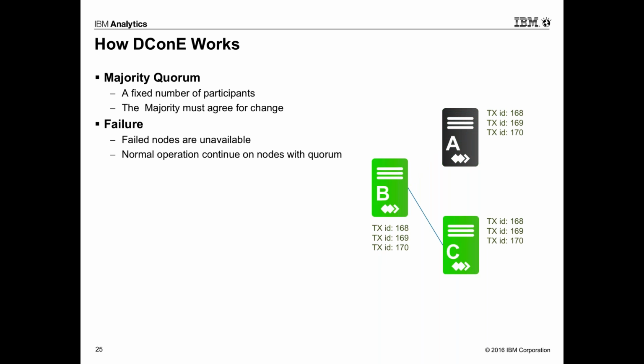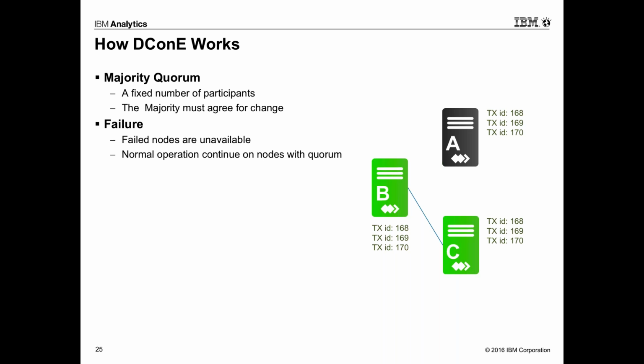In the case where a node goes down, let's say cluster A goes down for any reason, whether it's a network issue or some other issue that causes cluster A to go down.